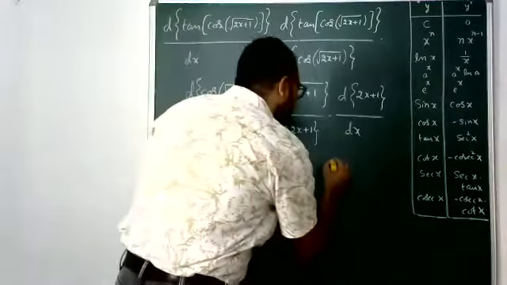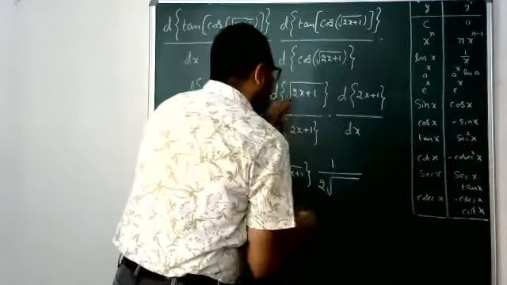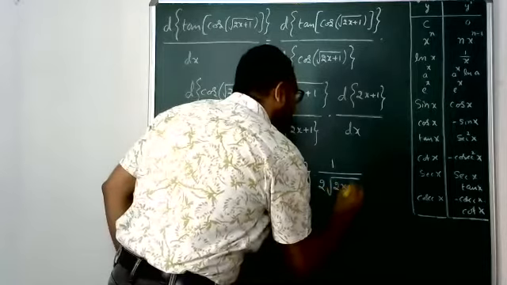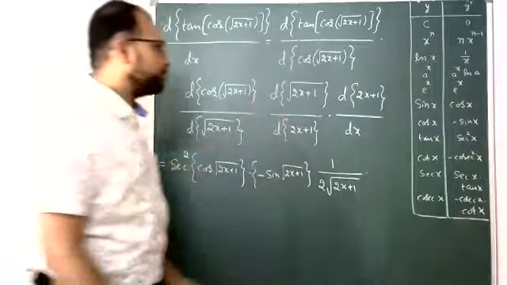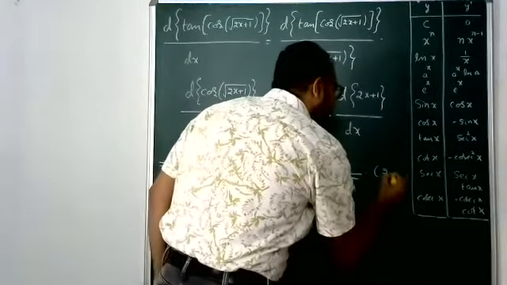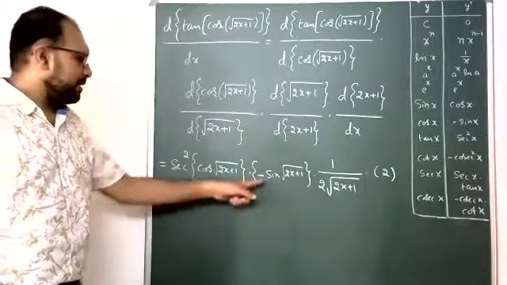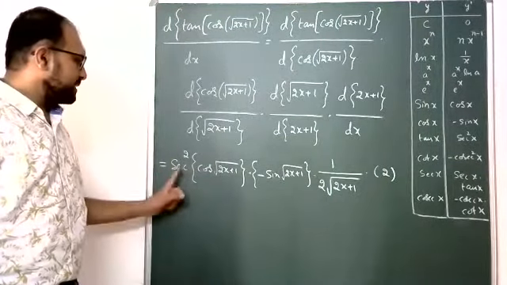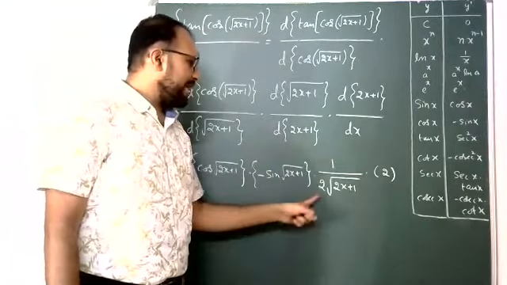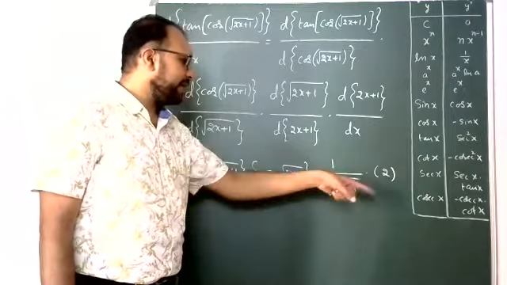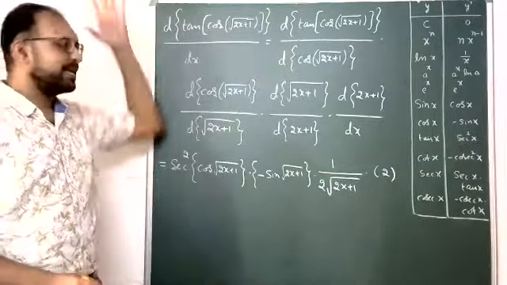Here also it is 1 divided by 2 root, but x means 2x plus 1, into the last one, we know the derivative of 2x plus 1 is nothing but 2. So the final answer is minus into secant square of this function, sine of this, the 2 cancels, so divided by root 2x plus 1. This is the final derivative of this complicated function.